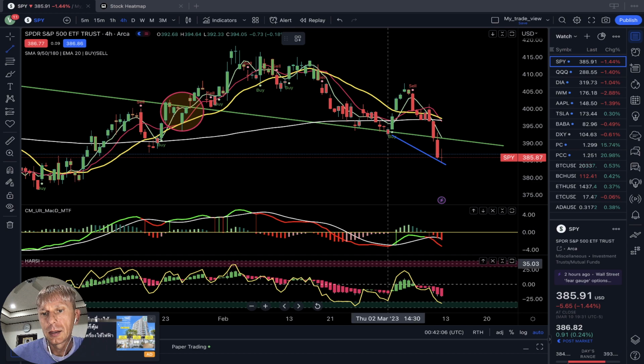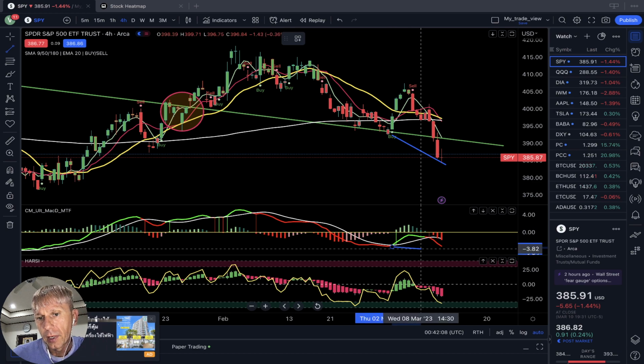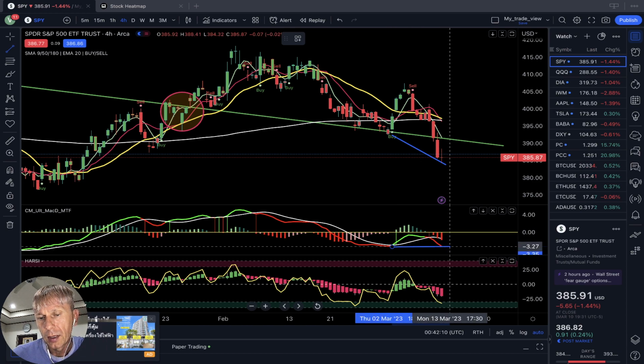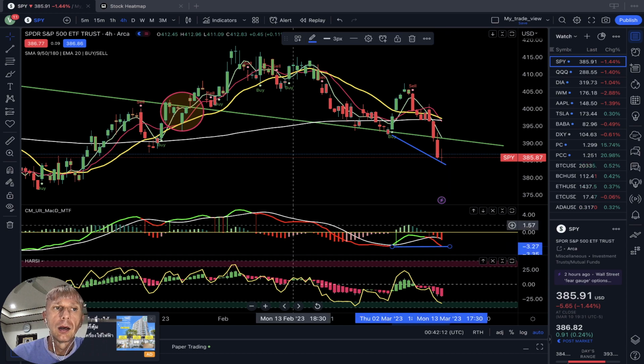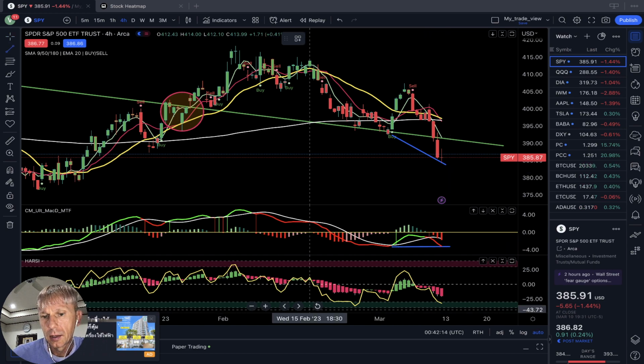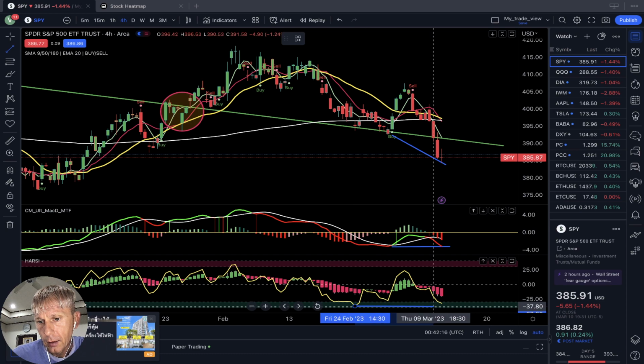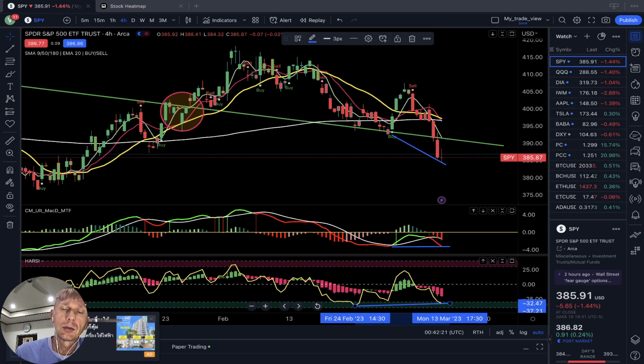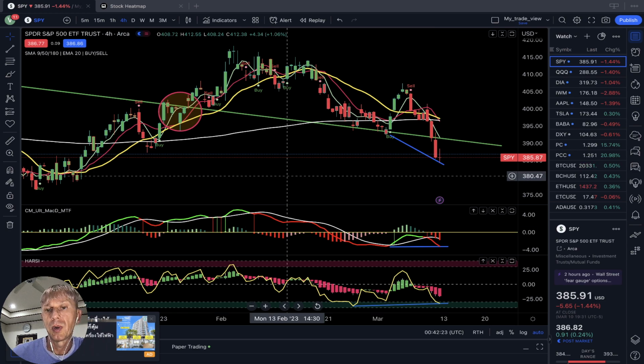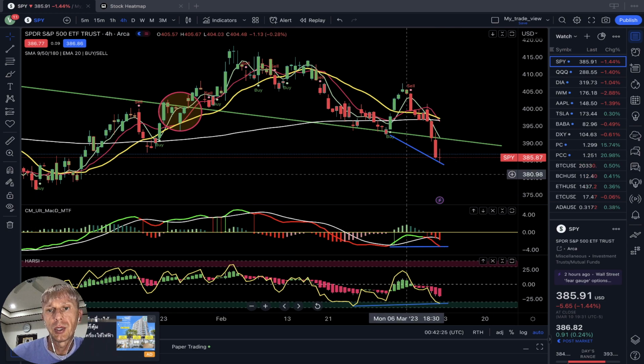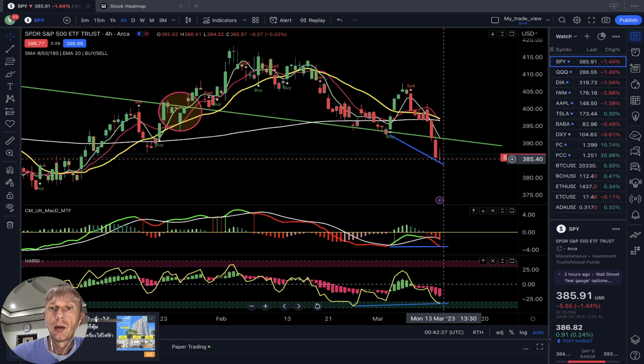On MACD, it's kind of flat, right? On RSI, there's bullish divergence. That's what we have on the 4 hours time frame for SPY. Very bearish trend. Like I said, the only positive thing is far from MA 20.